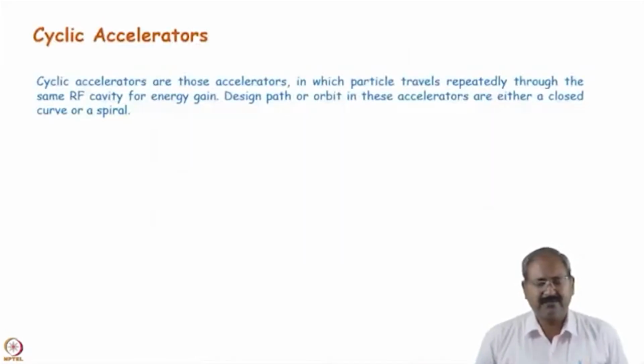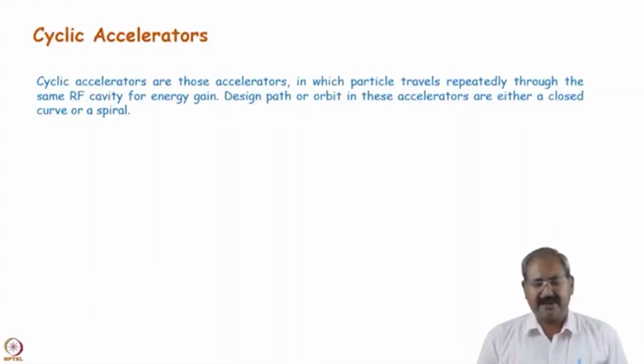So first of all, what are cyclic accelerators? Cyclic accelerators are those accelerators in which the same RF cavity can be used multiple times to increase the particle's energy. When a particle passes through the RF cavity, you have learned in your linear accelerator courses that it gets energy.